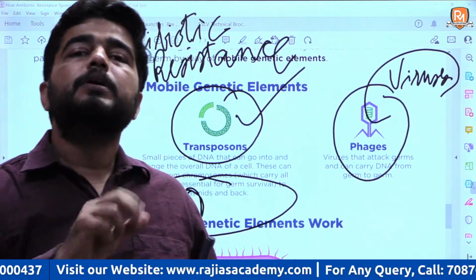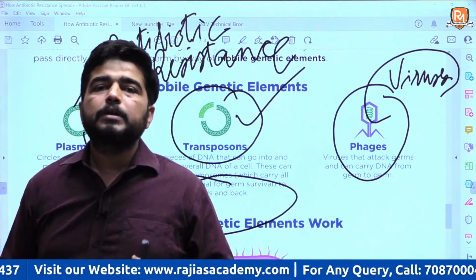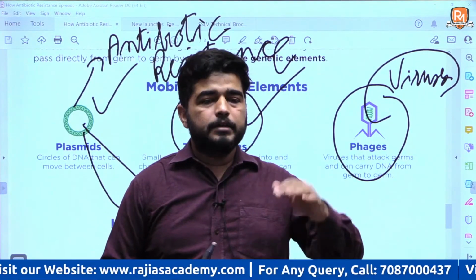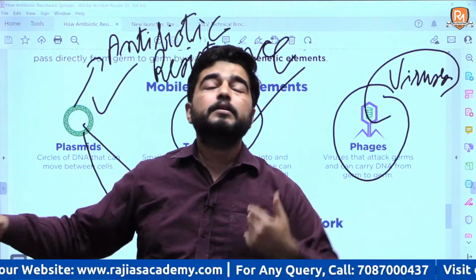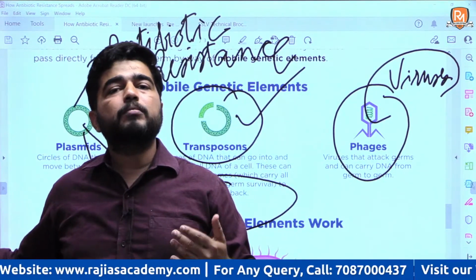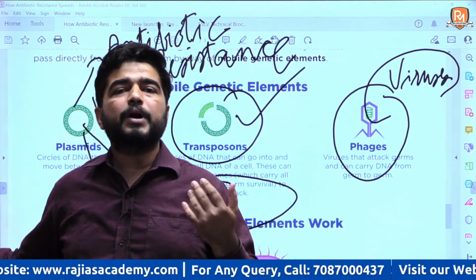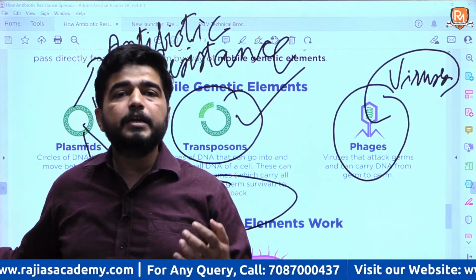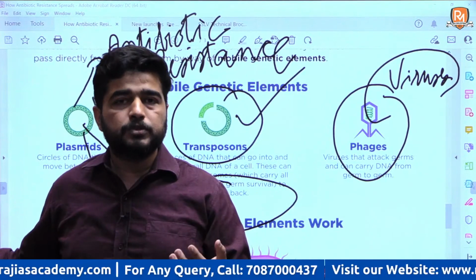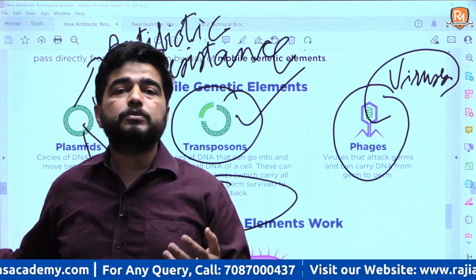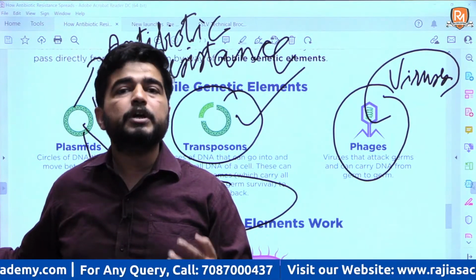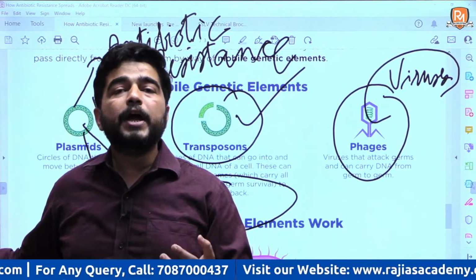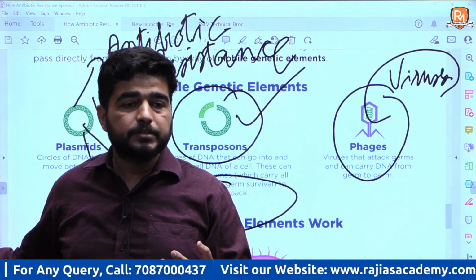During evolution, many of these genes, especially in the human body, came from some kind of bacteria and especially viruses. In the same way, bacteria can also have transposons. Some of these transposons have antimicrobial drug resistance or antibiotic resistance activity.